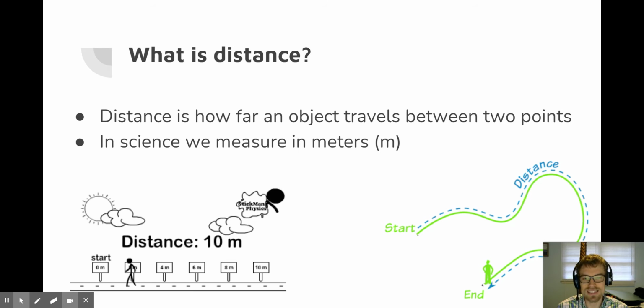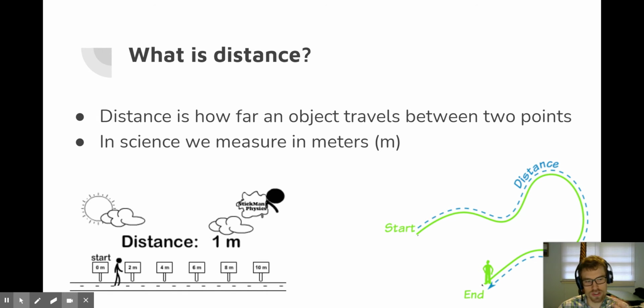So distance is how far an object travels between 2 points, okay? So if we measure, right, between 2 points, and something walks along a path between those 2 points, that is its distance. Now, in science, the unit we use to measure is meters. Now, in our kind of American life, we typically would use feet or yards or miles, right?